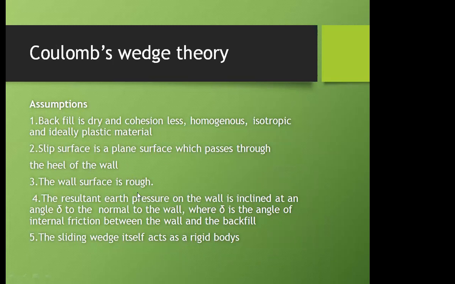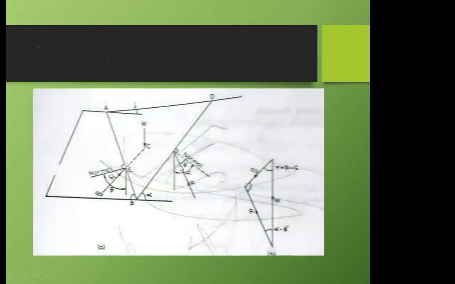So this is the diagram of Coulomb's wedge theory. Here in the diagram you can see the retaining wall. This is the back of the retaining wall, which is assumed to be rough, and there is a wedge having weight W. Here you can see the backfill surface is inclined.